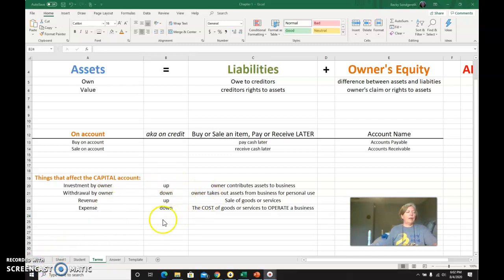So keep this kind of cheat sheet from your notes near you when you start to do these next transactions that we're going to do, because we're going to have to specify which of these four things happened and what the effect on capital was.